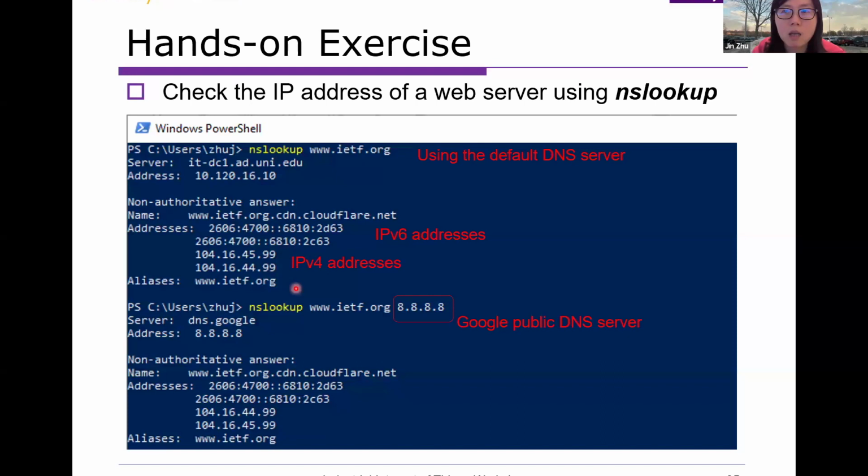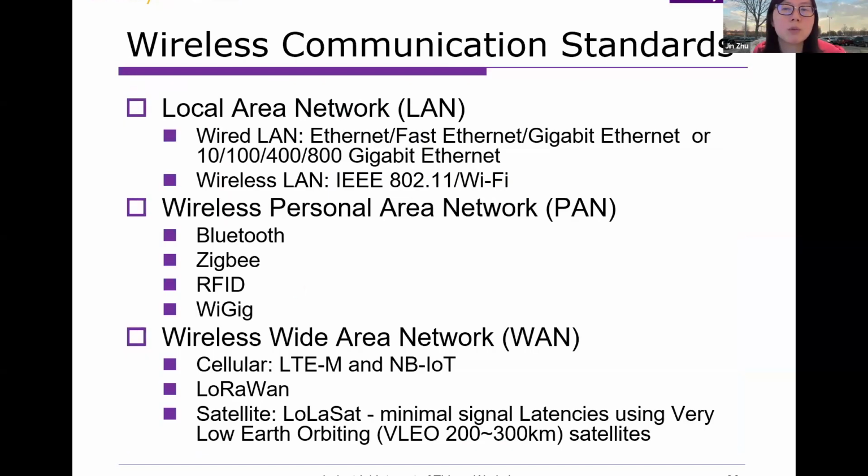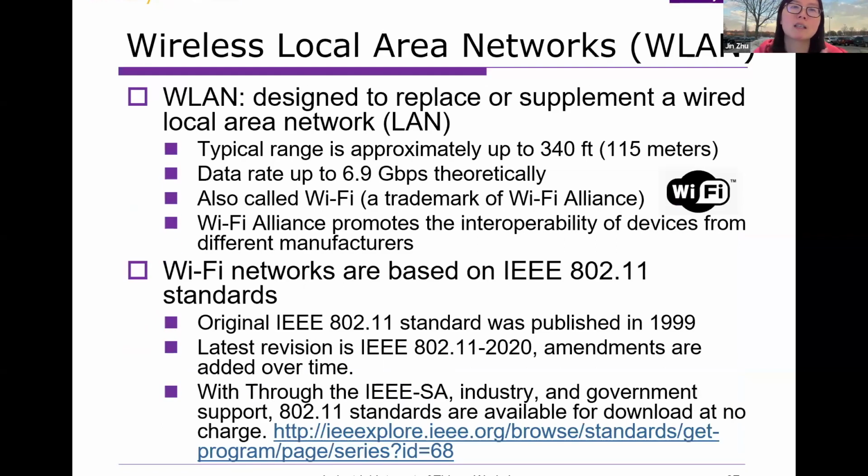Okay, so that's a really brief discussion of the TCP/IP suite and the IP protocol. Now, we use Wi-Fi, right? There are many different wireless communication standards existing. With limited time, we don't have time to discuss all of them. I listed some of the information over here. But today, we will just have a look at the wireless LAN, or Wi-Fi.